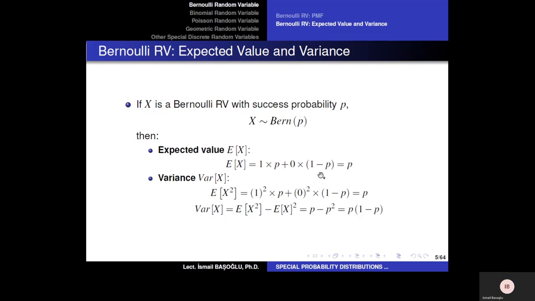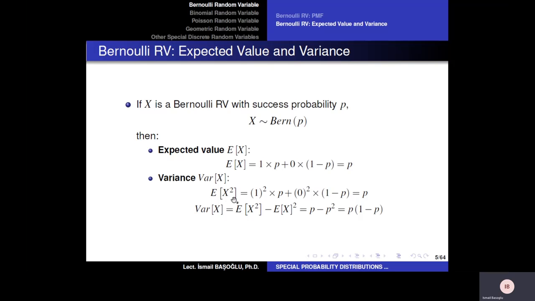And the variance of the random variable can be calculated by the convenient formula here: expected value of X squared minus the square of the expectation. The expected value is already calculated as p. Therefore, we need to calculate the expected value of X squared, which means we need to multiply 1 squared with p and 0 squared with 1 minus p.